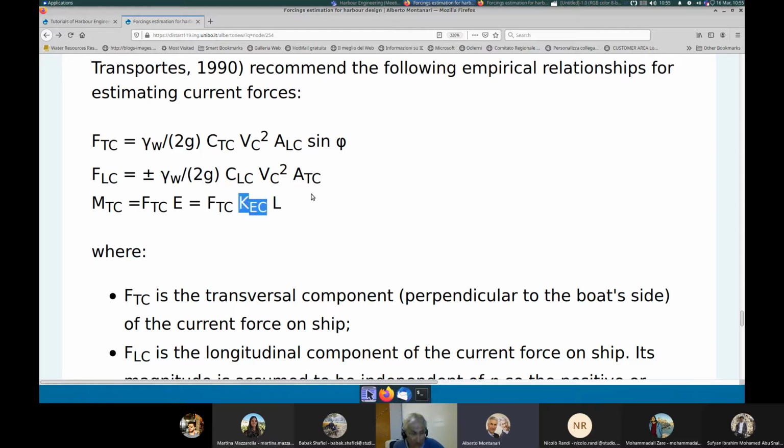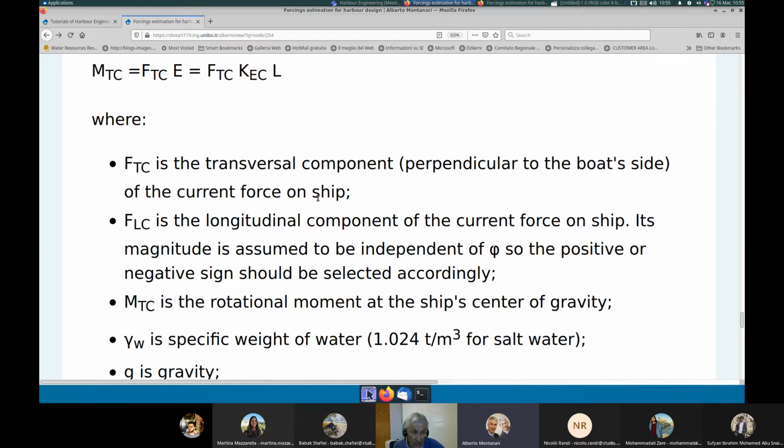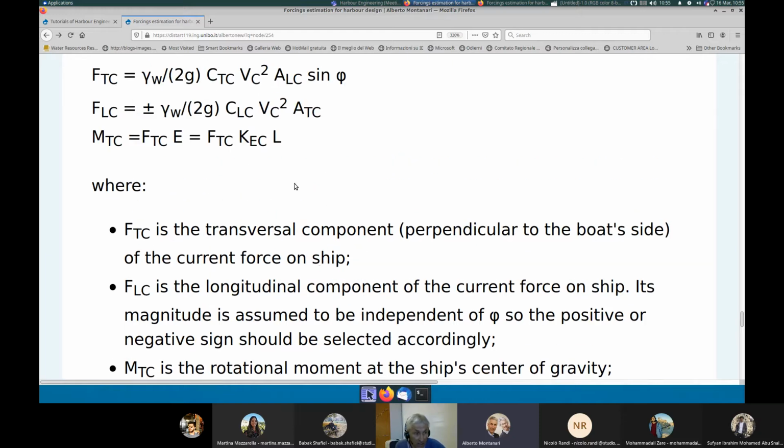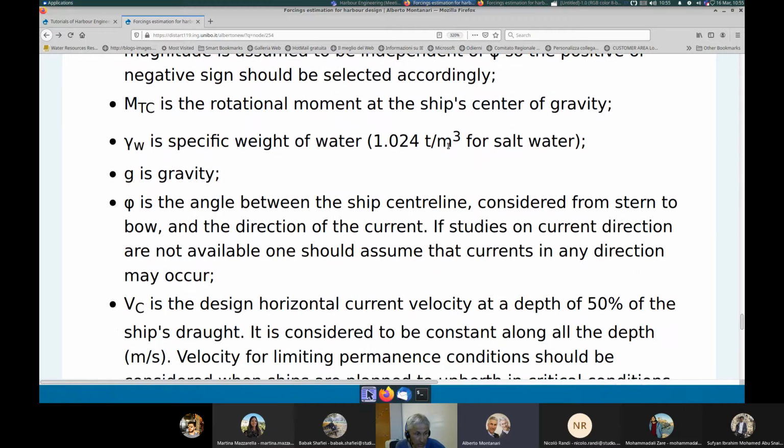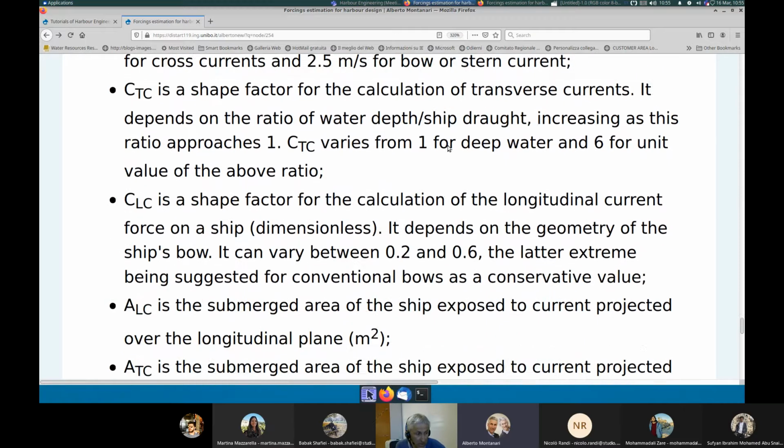And the eccentricity is determined by multiplying the characteristic length of the ship by an eccentricity coefficient. In fact, it is described here.